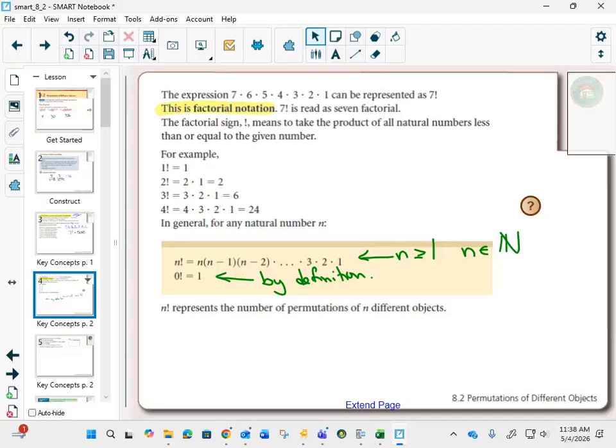You have to know that anything factorial means multiply down to 1 except for 0. 0 factorial is a special case. It's equal to 1. And we'll see why this happens. So if you have 10 things, you want to arrange them in a row where the order matters, the answer is going to be 10 factorial if all 10 are different.